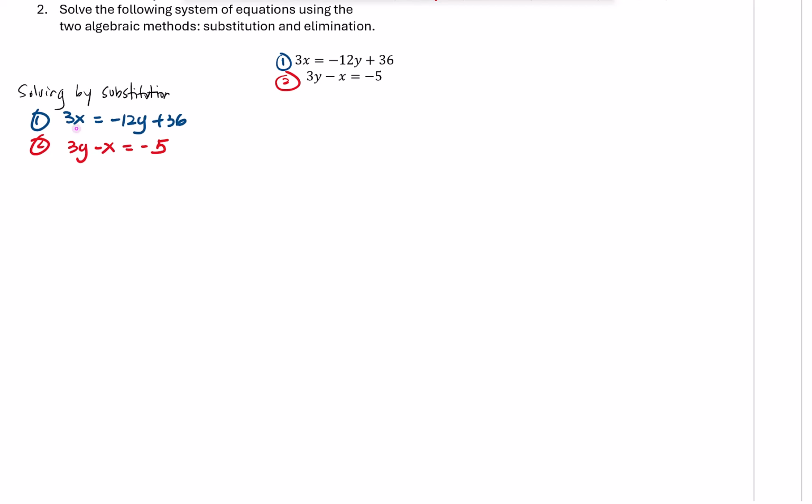So we can solve for x in the first equation, or solve for y, or y on the second, or x on the second equation. It looks like it's easier to solve this by looking for the value of x in the second equation, so that there won't be too many steps that we need to make.